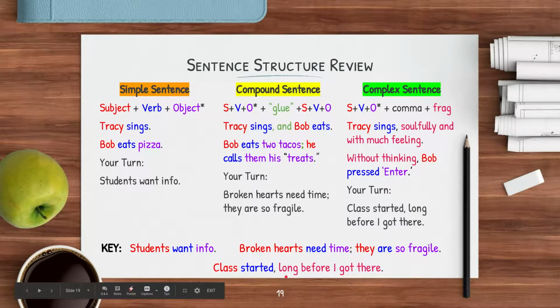But if you walked up to a random person and just said, long before I got there, that doesn't make any sense, right? We can't understand what you're talking about because we need more information. That's the very nature of what a fragment is, right? A part of a sentence that doesn't give us enough information so that we can understand what's going on. I call it the walking up to a stranger rule. So use that as best you can.